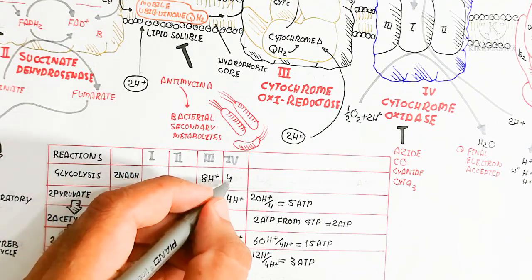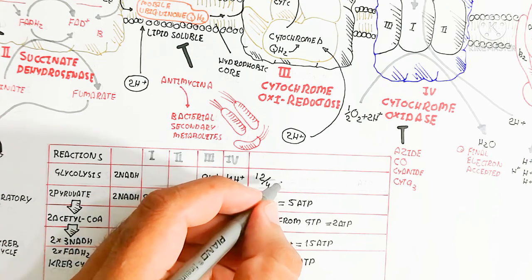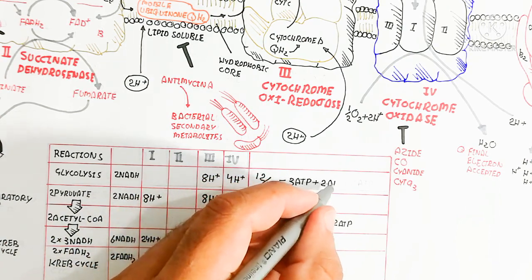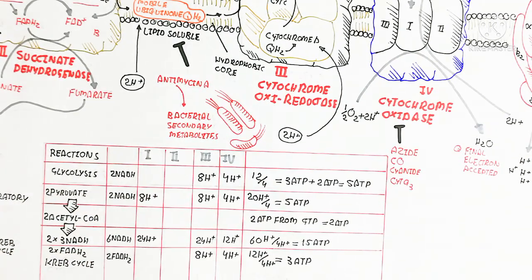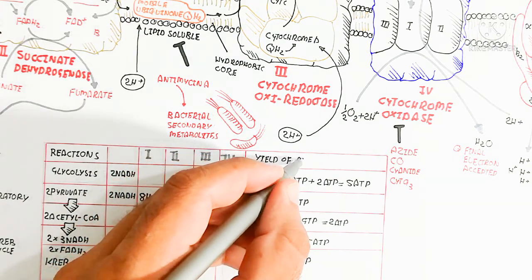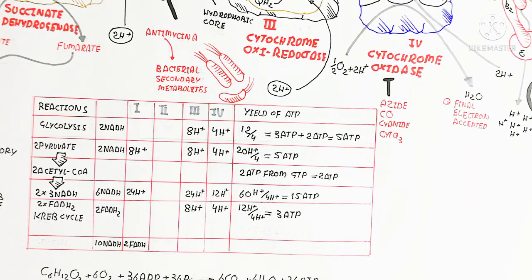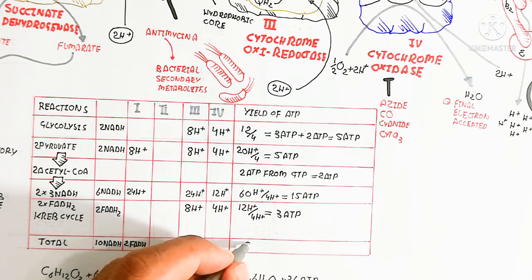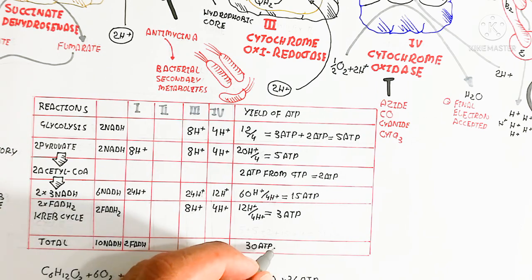The next important thing is that glycolysis produces 2 NADH, and collectively 8 protons come from the 3 complexes, and complex 4 collectively gives 4. The total ATP is 12 divided by 4, which is 3 ATP, and the 2 ATP are extras.